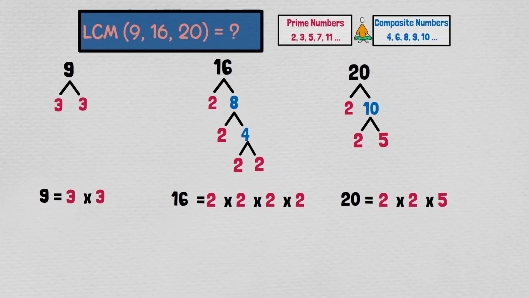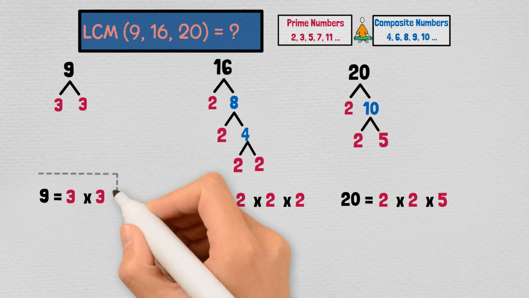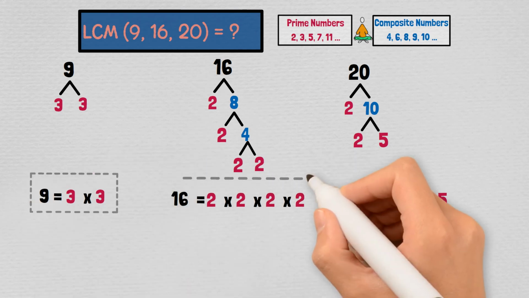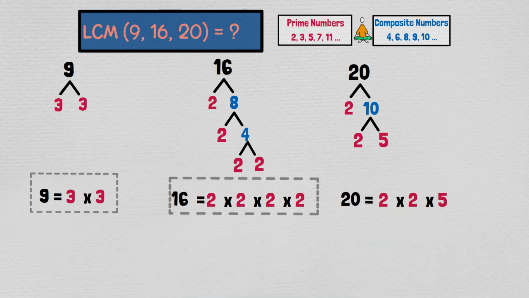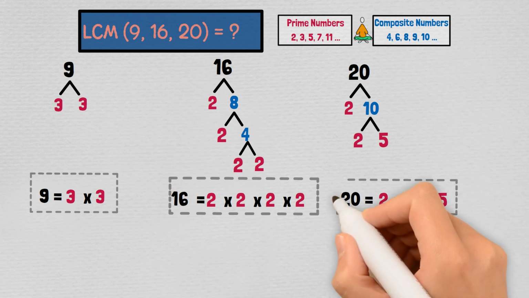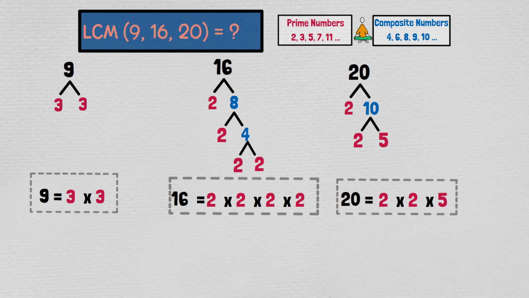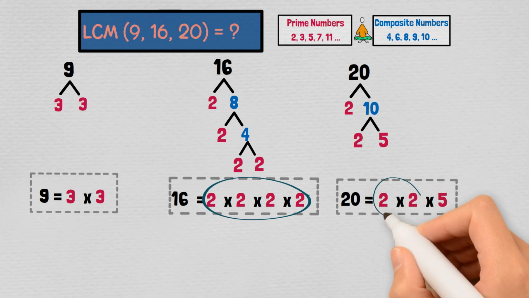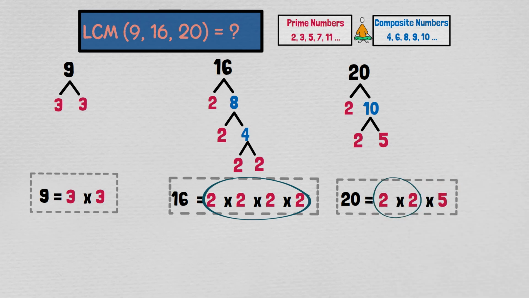Now, in order to find the LCM of 9, 16, and 20, we will compare the 3 factorizations and will take each factor at its maximum number of repetitions. 2 was not a factor of 9. It came 4 times in the factorization of 16 and was present only twice in the factorization of 20.